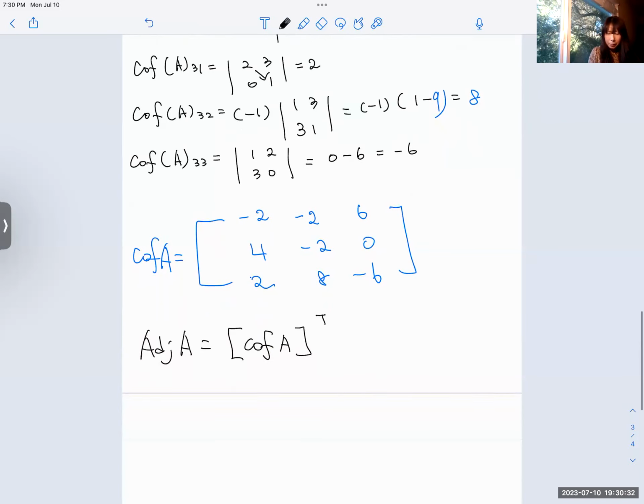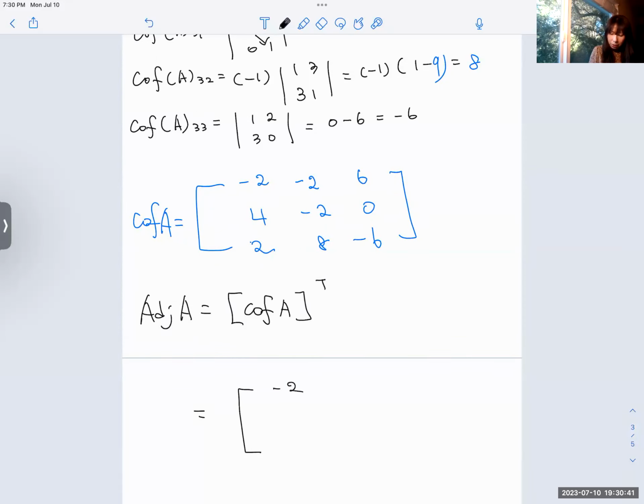So that will be row to the column: -2, -2, 6, 4, -2, 0, 2, 8, -6, right? That's the adjugate. Now we do 1/12.